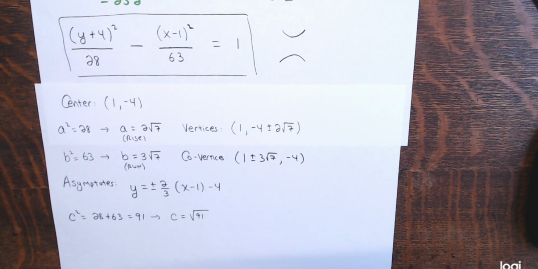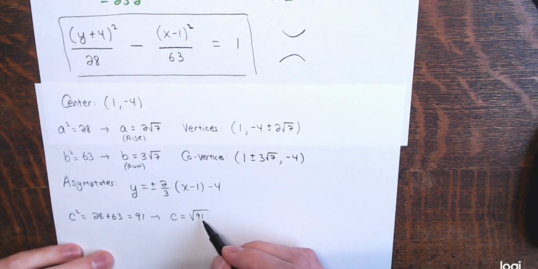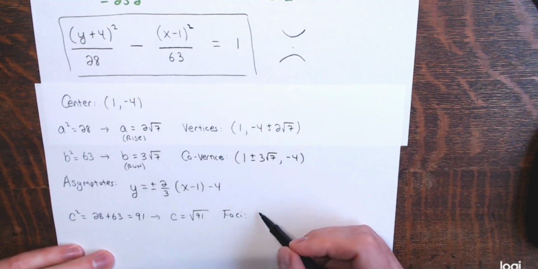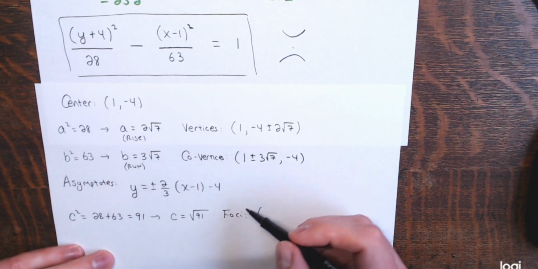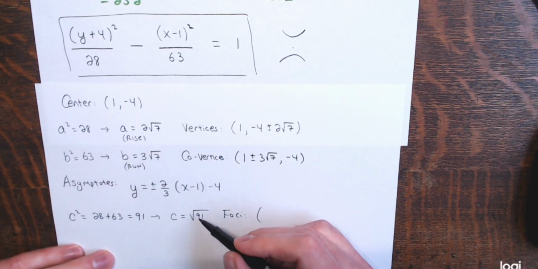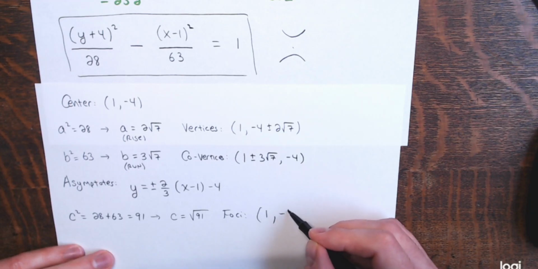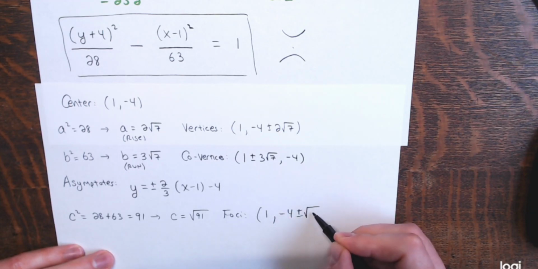No, it's not. 7 times 13. But 7 and 13 aren't perfect squares. Okay, so then we get the foci, right, which again, if I went up and down from the center for the vertices, I'm going up and down from the center for the foci. So I'm going to be adding and subtracting the square root of 91 to the y-coordinate of the center. So 1 comma and then -4 plus or minus the square root of 91.